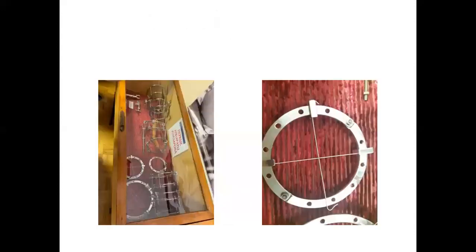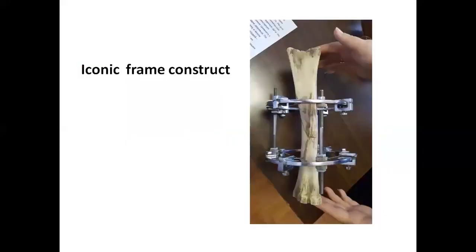If you travel to Kurgan, in the Kurgan Museum, the first specimen of the Elizarov ring is kept in a very decorative manner in the exhibition hall. You can see this picture, and this is one of the iconic frame assemblies that Elizarov had for the very first time.